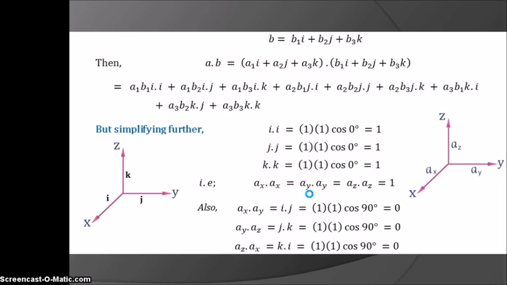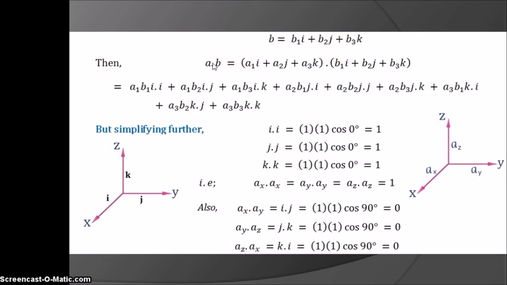So if we have two different vectors, I don't know, this page is not complete, sorry about that. We have two vectors A and B, A given by A1 i plus A2 j plus A3 k, and B given by B1 i plus B2 j plus B3 k.